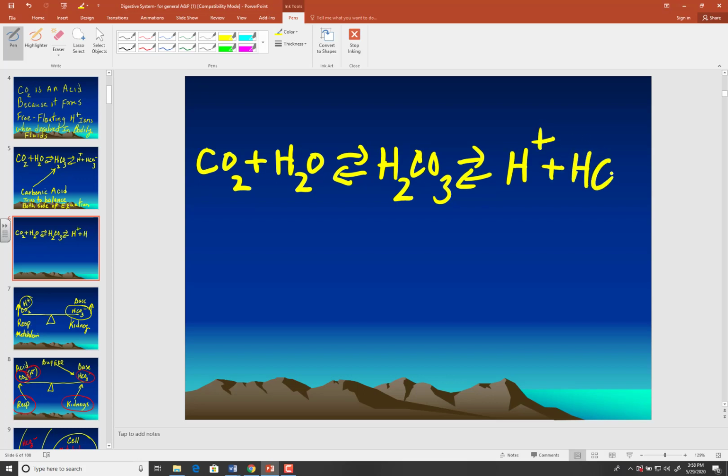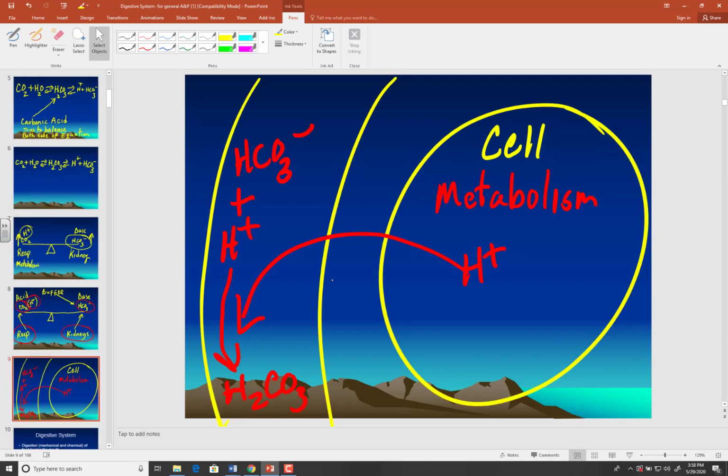Now look. You have a certain normal amount of free bicarbonate floating in the blood. So if the cells of the body, through metabolism, start producing more hydrogen ions than normal, if they remain free-floating, then the pH will begin to drop. But what can handle them?